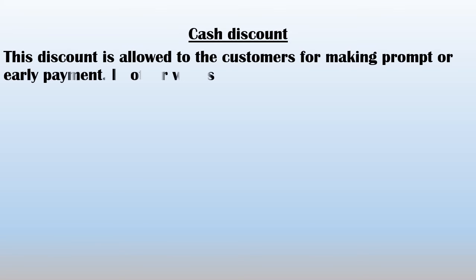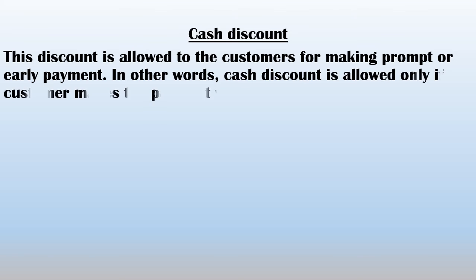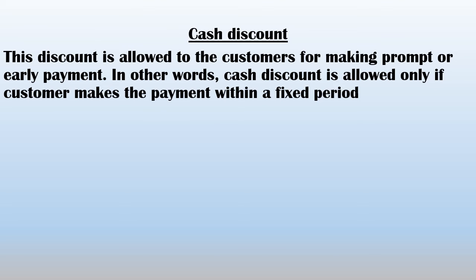Cash discount. This discount is allowed to the customer for making prompt or early payment. In other words, cash discount is allowed only if the customer makes payment within a fixed period. So cash discount is given after the trade discount, after the goods are sold to the retailers.